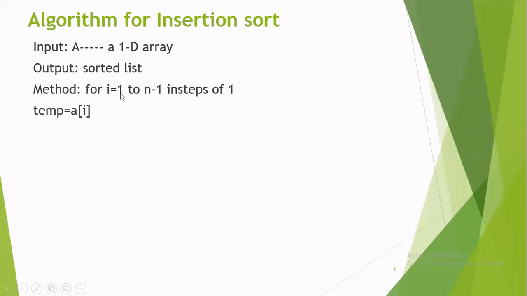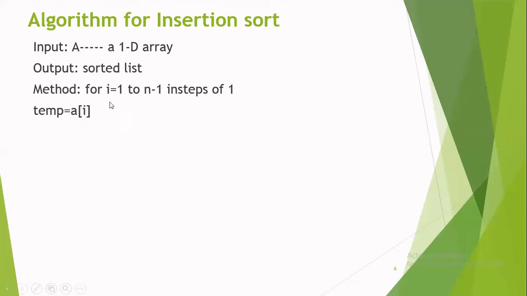Hence, we have started a for loop with the initial value 1, which runs up to n-1. This for loop is used to represent the element in the unsorted list that you have picked up for placing it in the sorted list.